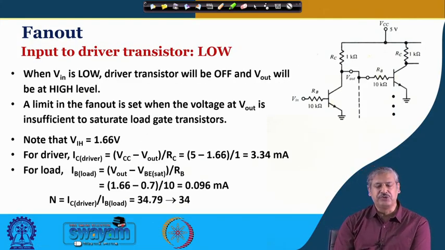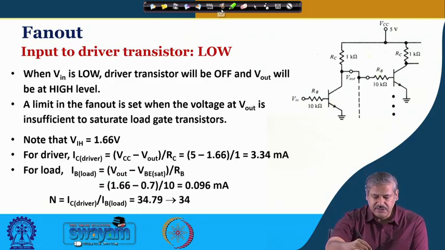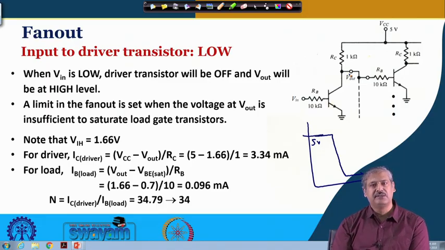But there may be an issue when the input to the driver is low. When the input to the driver is low, the output is high, as we have already seen in the characteristics. So, this output high, we are connecting to many such gates, and whenever they are connected, these are drawing base current.